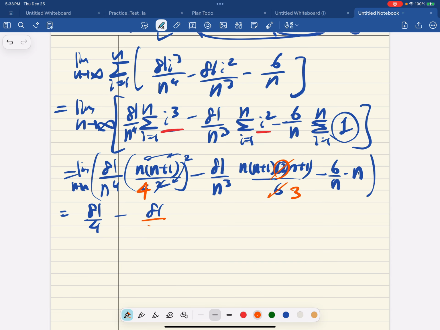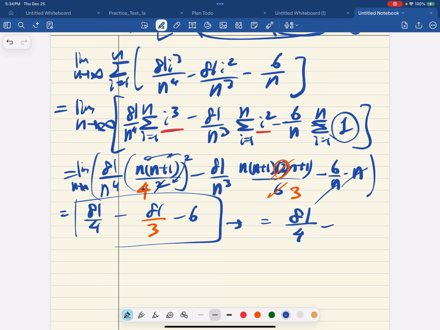So 81 divided by 3, and then minus 6, but the n's cancel out. So that simplifies to 81 over 4 minus 33, if that's right.